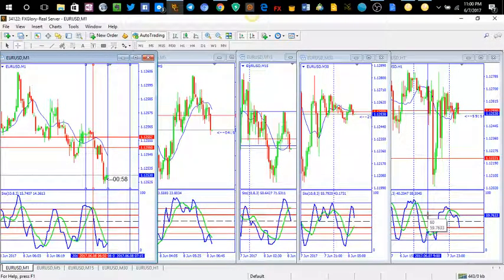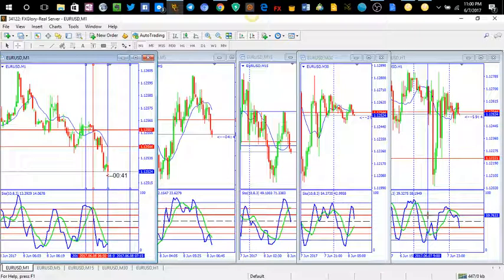And that trade just closed, so as soon as that leans over, okay, right here.